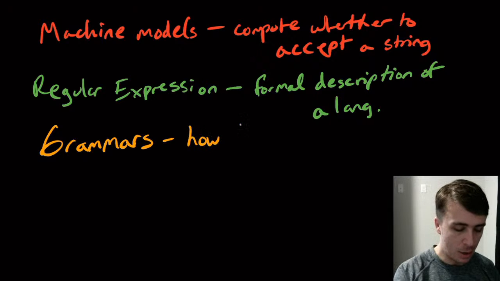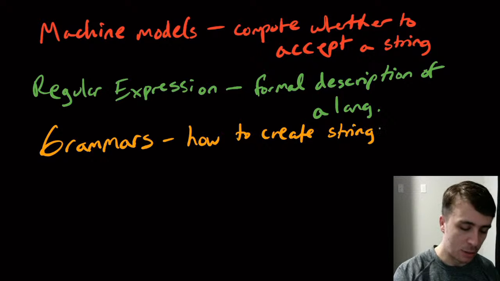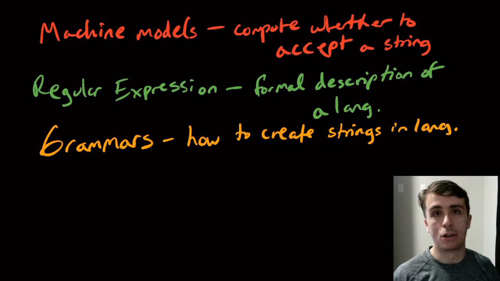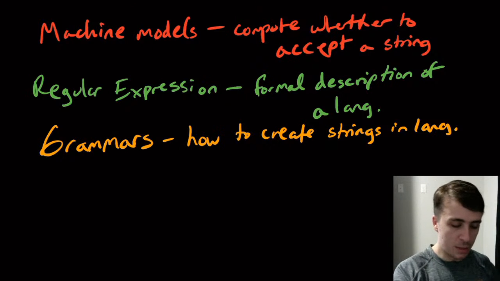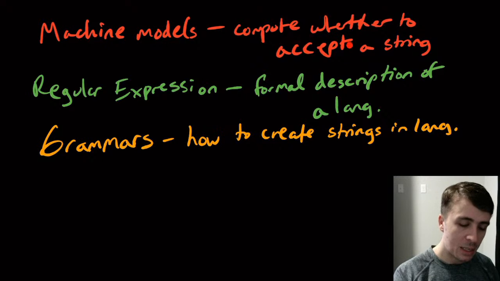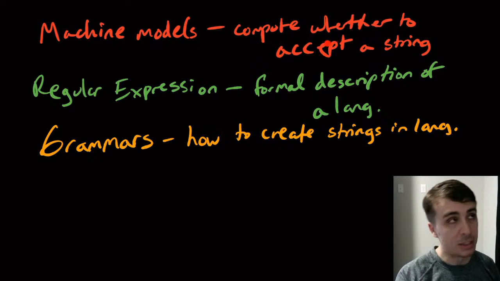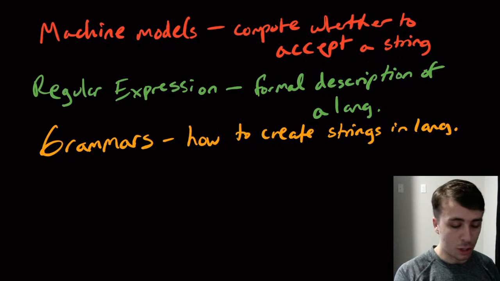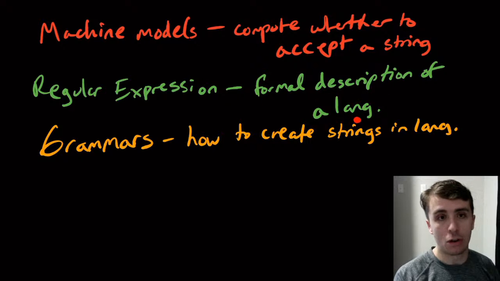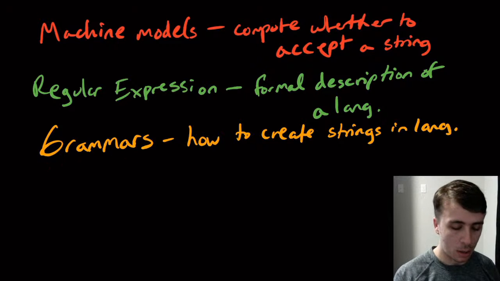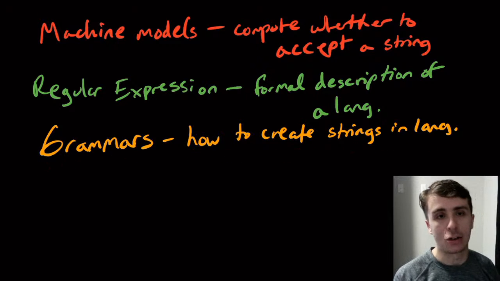So these are different perspectives on how to compute with things. Machine models compute whether to accept a string or not by going into states. Regular expressions are ways of describing a language in a formal way instead of using something like English. And grammars are ways to see how to actually create the strings that are in a language.